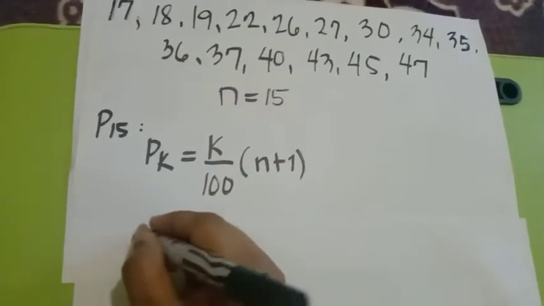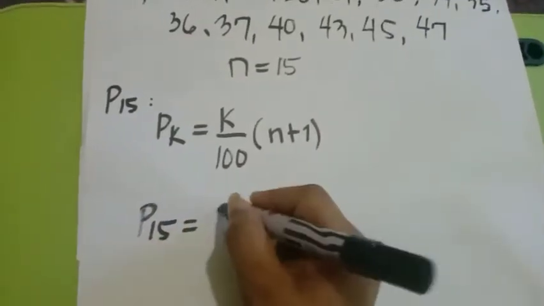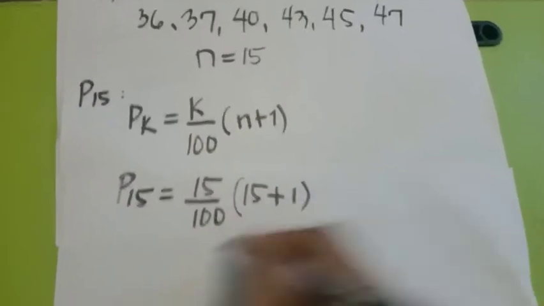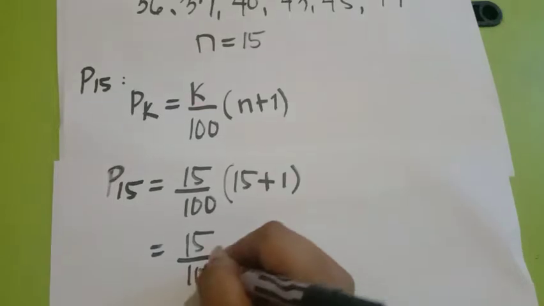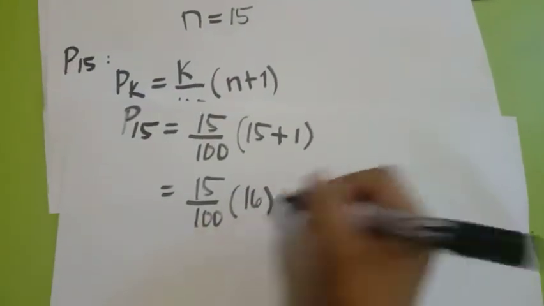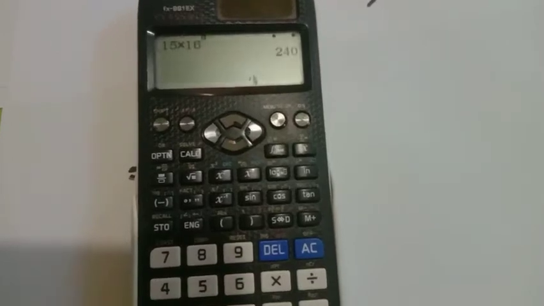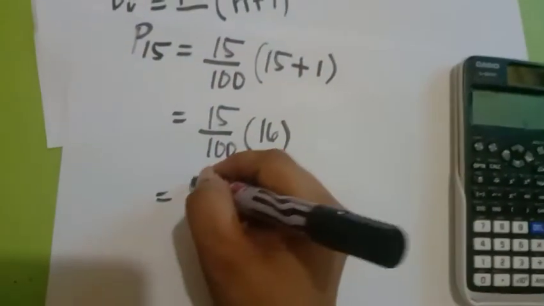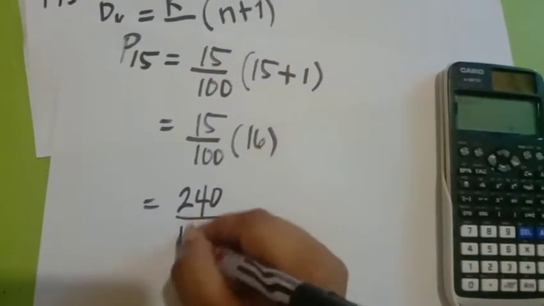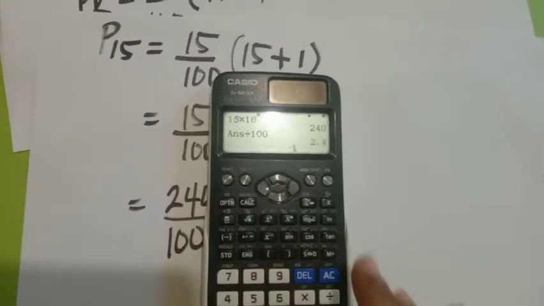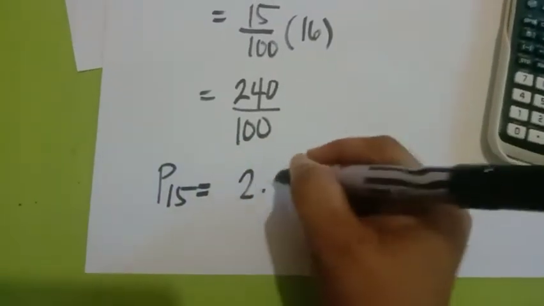So P15 is equal to 15 over 100 times 15 plus 1, then 15 over 100 times 16. Multiply natin 15 times 16, is equal to 240. So, this is 240 over 100. Divide natin by 100. This is 2.4. So, P15 is equal to 2.4.